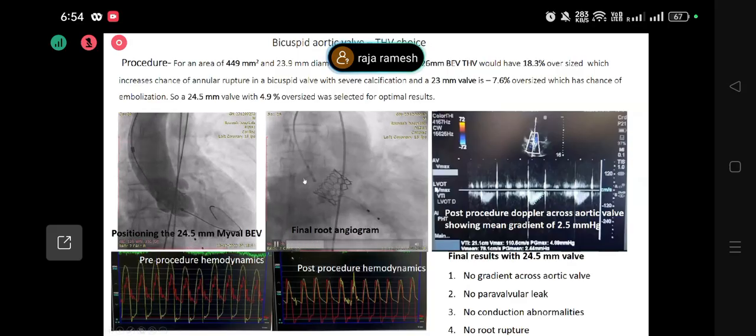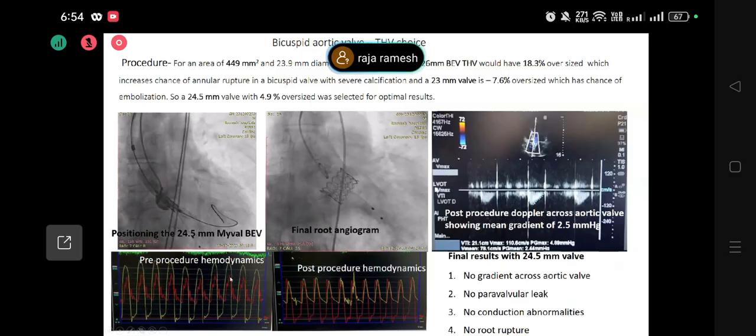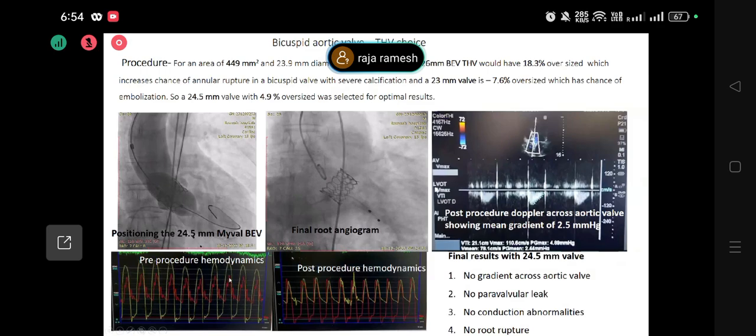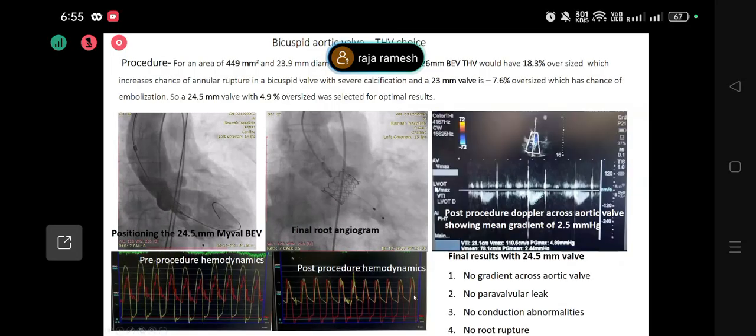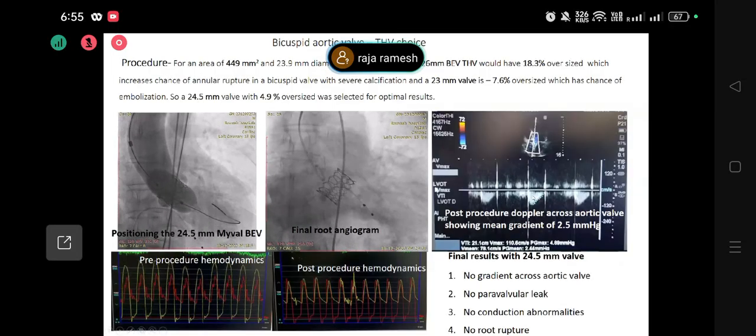So with this, this is the pre-procedure hemodynamics. The yellow color is the LV pressure, red color is the aortic pressure. We can see there is a gradient, peak to peak around 40 to 50. This is the post-procedure hemodynamics. Absolutely, there is no gradient. And this is the Doppler. Initially, we had seen a mean gradient of around 64.